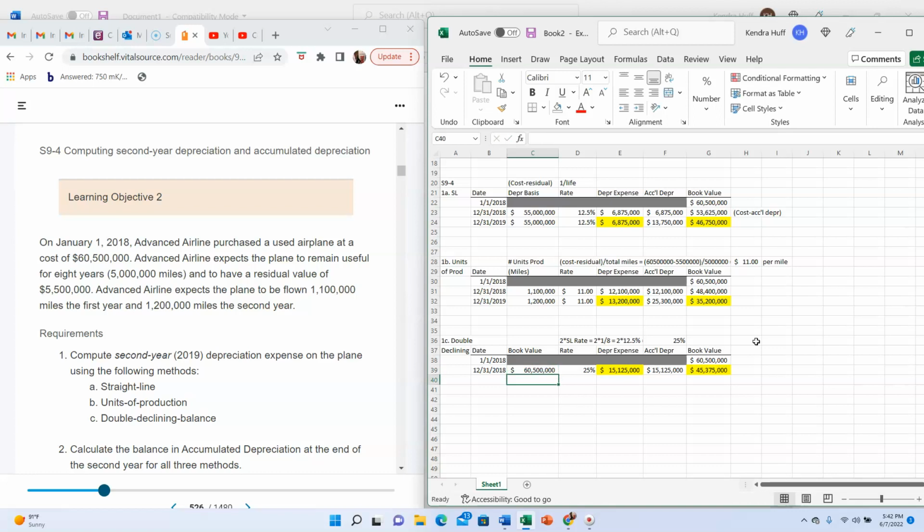All right, times the 25% equals $15 million. Then you subtract the original cost minus the current year accumulated depreciation. All right, for 12/31/2019, you start with the 45,375. Multiply by the 0.25.